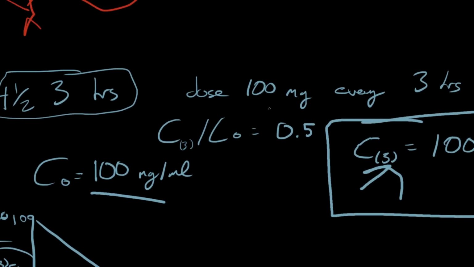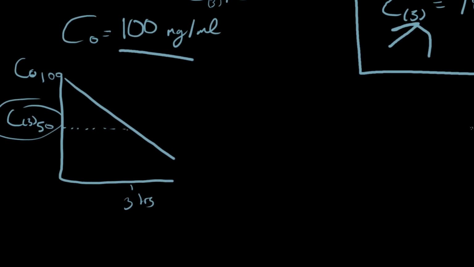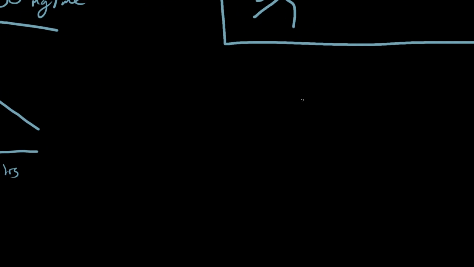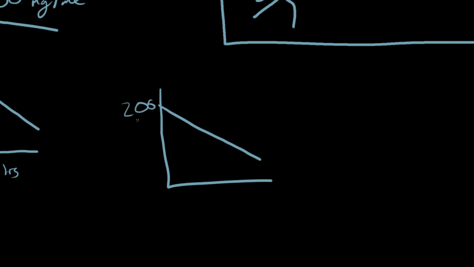So instead of 100 milligrams, let's say we give 200 milligrams. Doing the same graph, 200 milligrams per ml for the C0, we have 100 milligrams per ml down here.